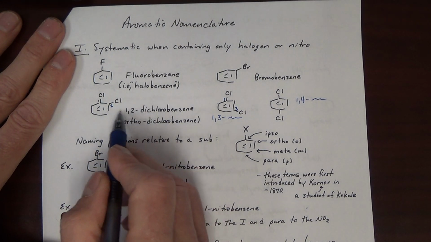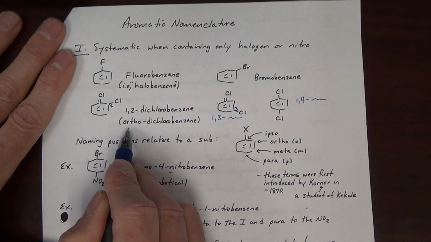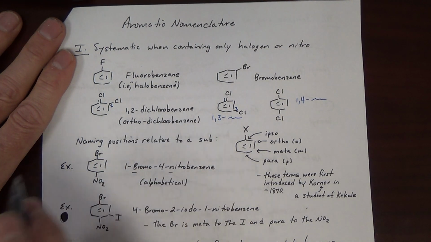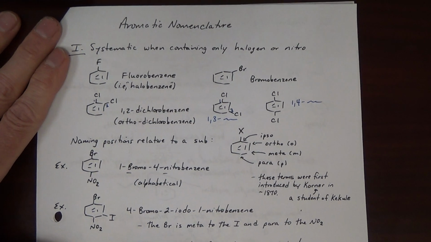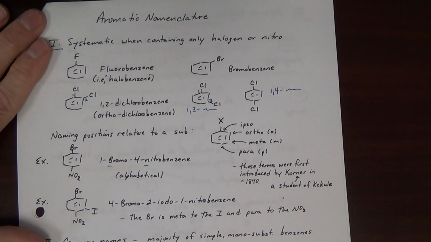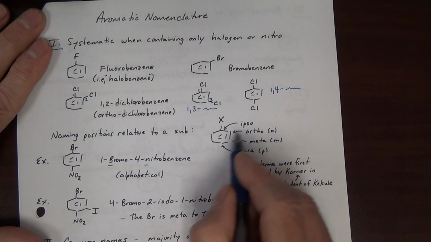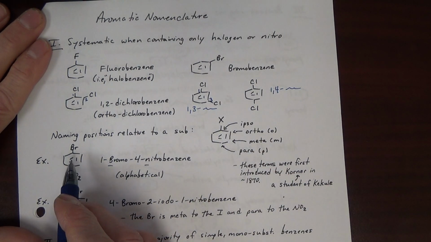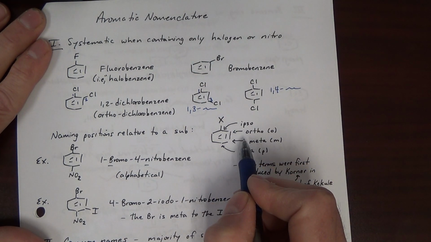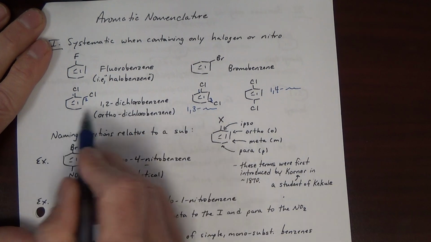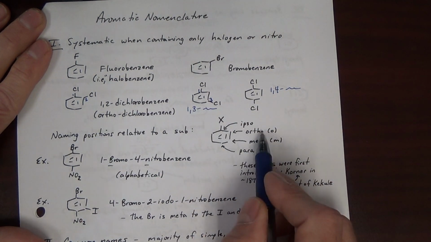And thus an alternative name for 1,2-dichlorobenzene could be ortho-dichlorobenzene. Let's look at these prefixes that can be used. These prefixes can be used in the manner I described up here, and we'll name these other two using this terminology.